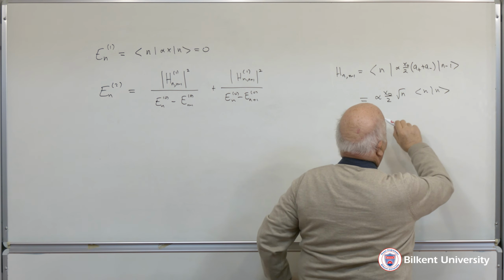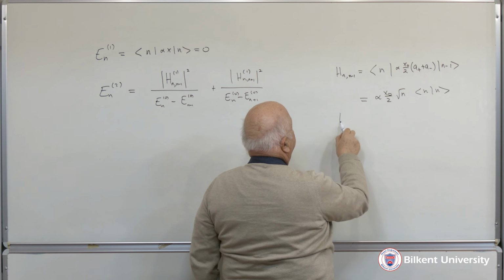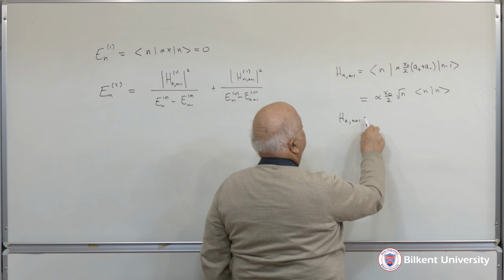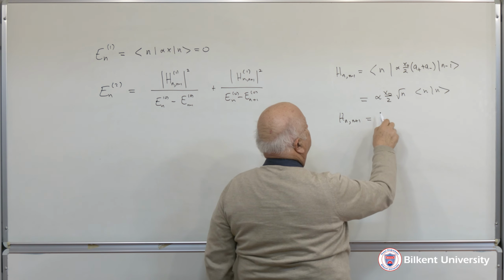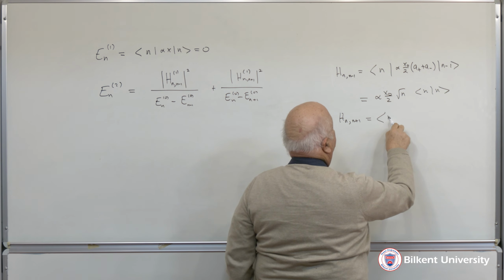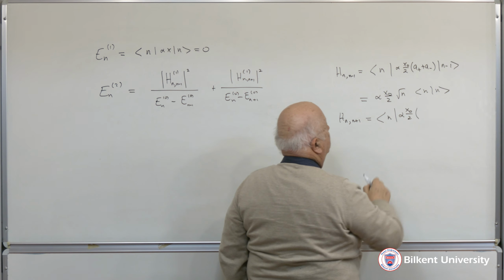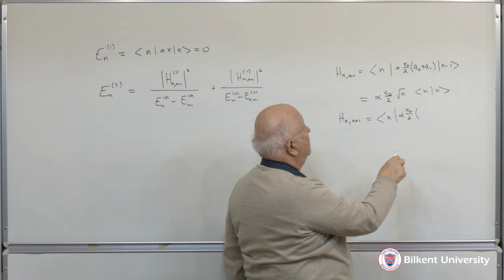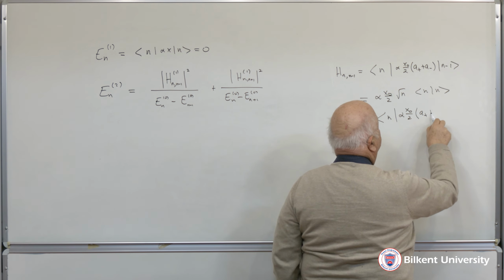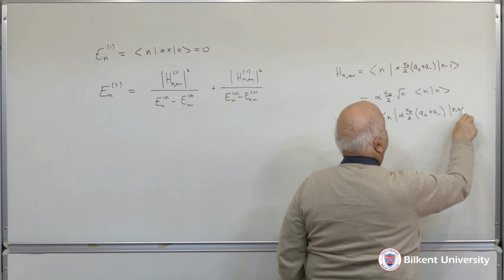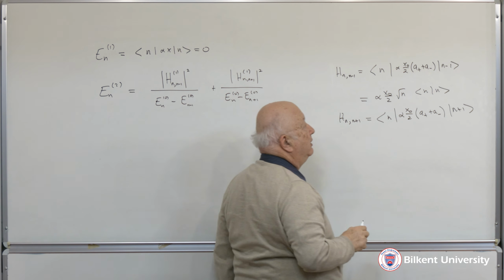Okay, so that's that. Okay, let's look at what H_{n,n+1} is. That is going to be n, alpha x0 over 2, and now I have again a plus plus a minus. Okay, and I have an n plus 1 here.